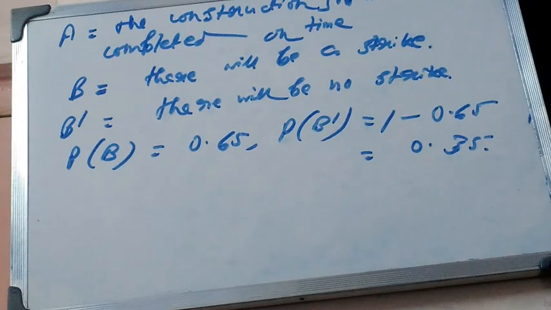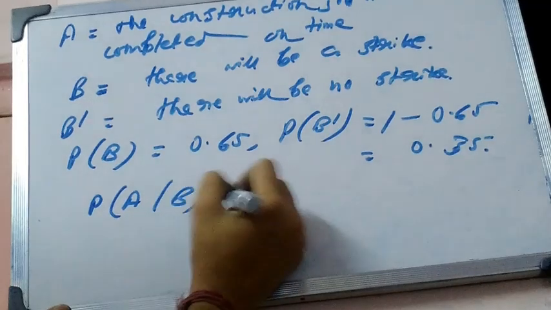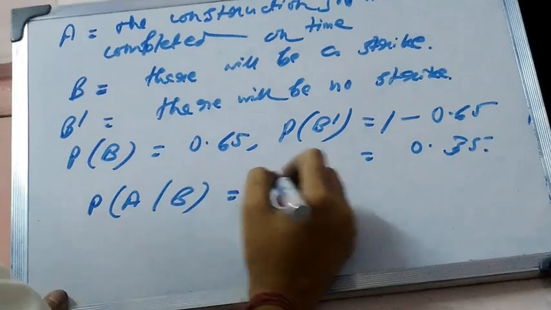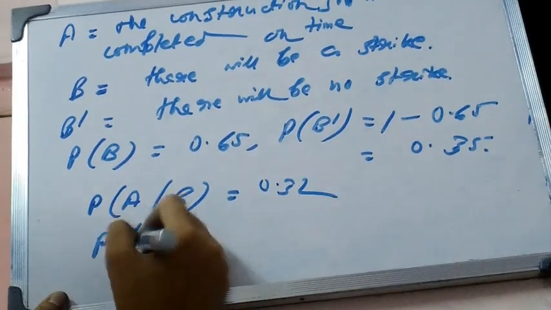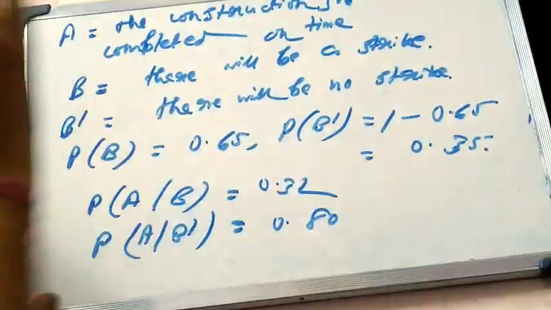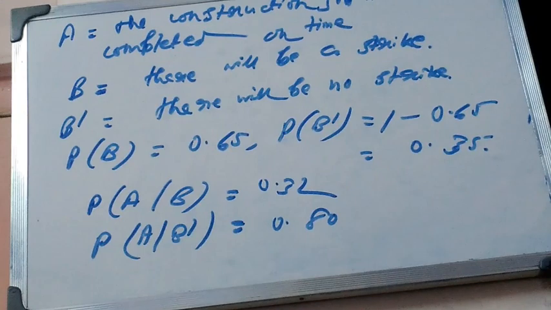Now probability of A given B, that the construction job will be completed if the strike happens, is given as 0.32, and probability of A given B bar is 0.80. It is also given that the probability of the completion of this job if there will be no strike.